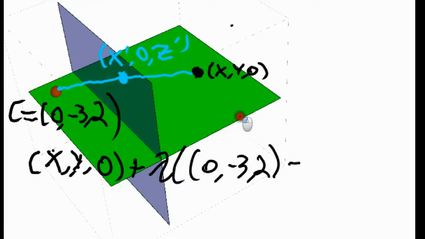So in particular, every point on that ray can be expressed in the form x, y, 0 plus lambda times (0, -3, 2) take away (x, y, 0).